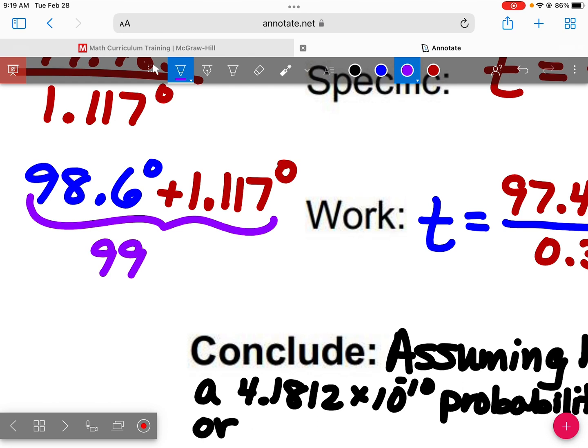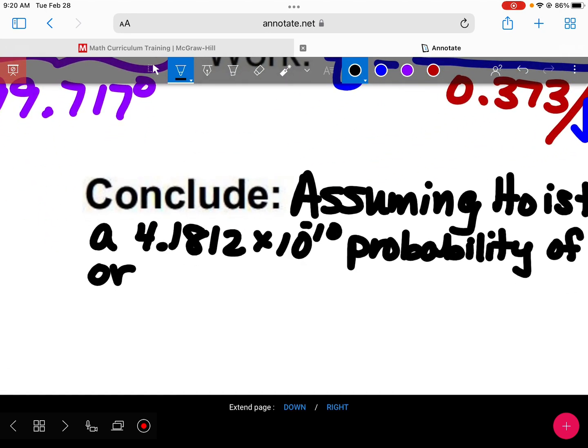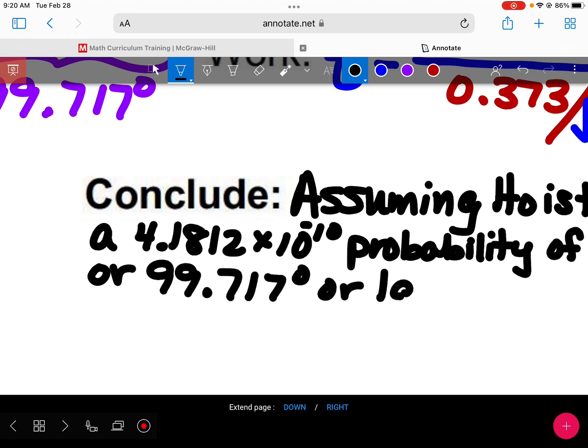So 99.717. So we have this super tiny probability of getting an X bar of what we saw in our sample, or smaller, or the other side of that, 99.717 degrees or larger, purely by chance.